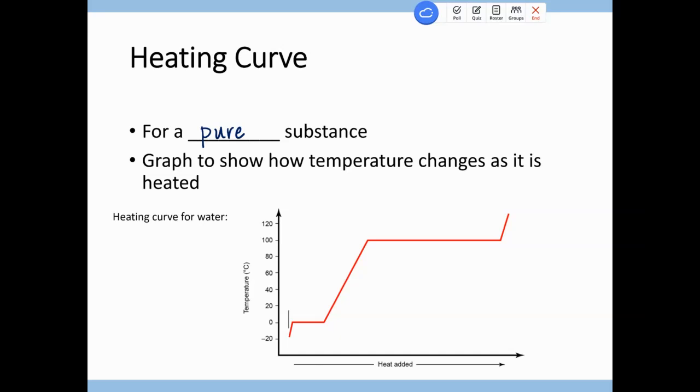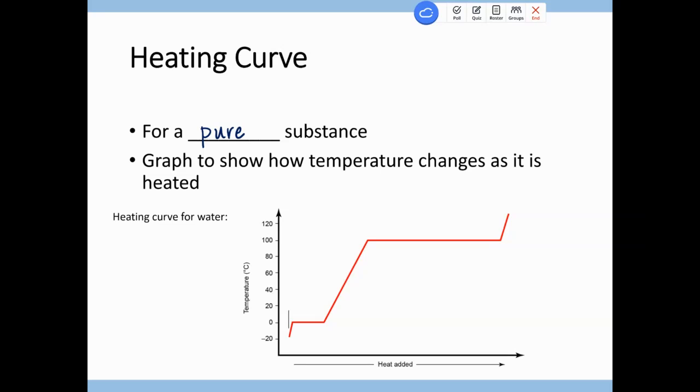So heat is used to change to a liquid, and once that sample is completely a liquid, more heat is added. Liquid water is absorbing energy, increasing in temperature until it reaches its boiling point. Then energy that's added is used to convert that liquid sample to a vapor. Once the whole sample is a vapor, more heat added increases the temperature of the vapor. So that's a heating curve.